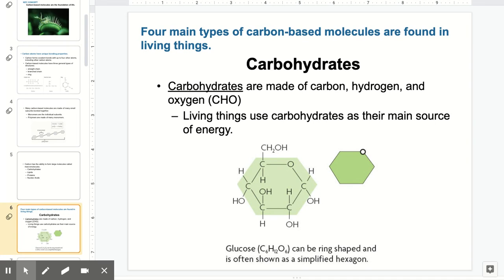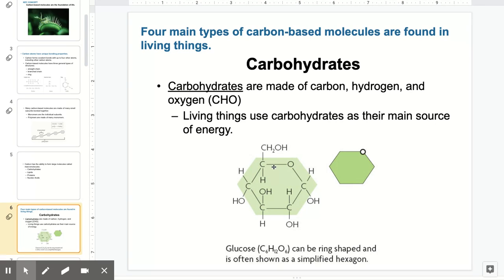So starting with carbohydrates. Carbohydrates are made of carbon, hydrogen, and oxygen primarily. That's what this CHO here means. CHO meaning carbon, hydrogen, and oxygen. And carbohydrates are mainly used as a source of energy. This example here is glucose.